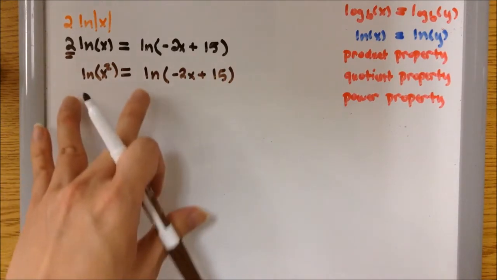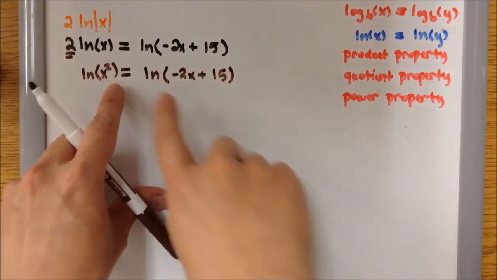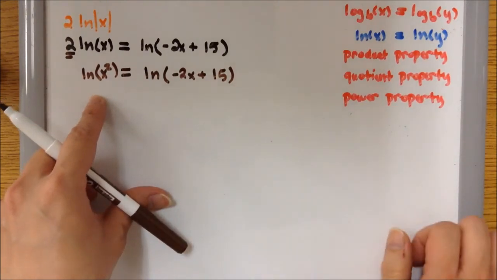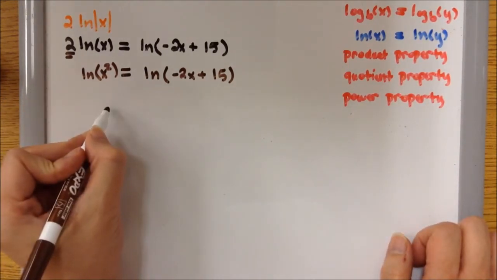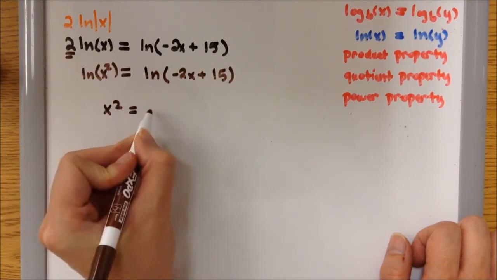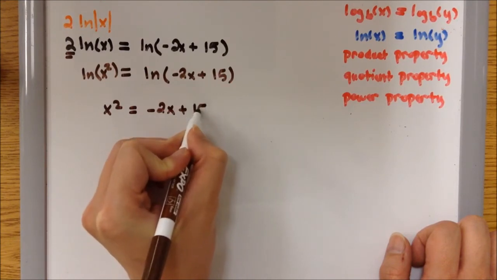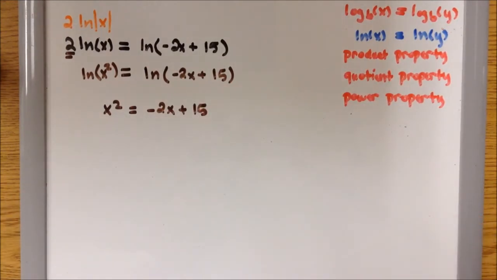And since it's natural log on both sides, following the one-to-one property, I'm going to set whatever is inside equal to each other. So x squared equals negative 2x plus 15. Alright, since we have an x squared, that means we're going to have a quadratic equation.